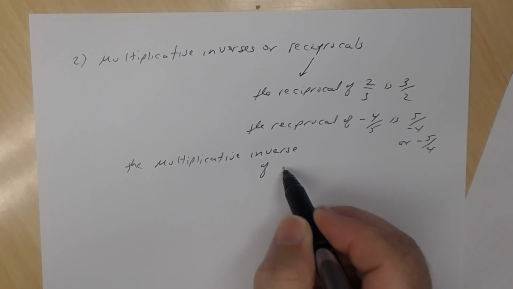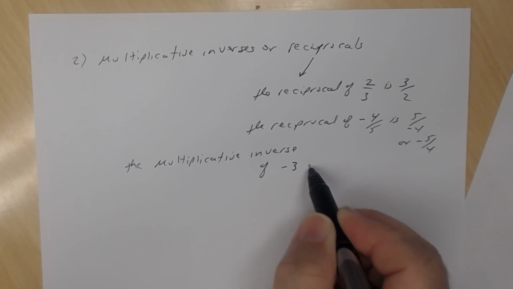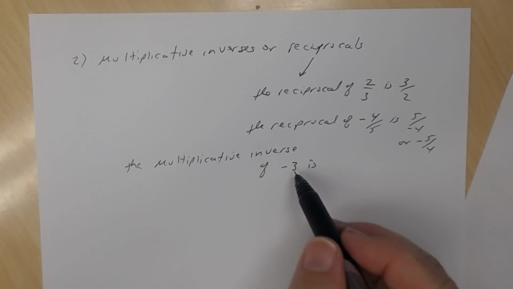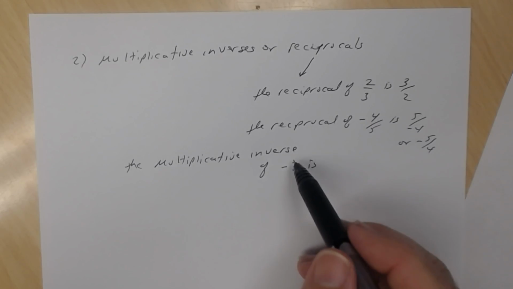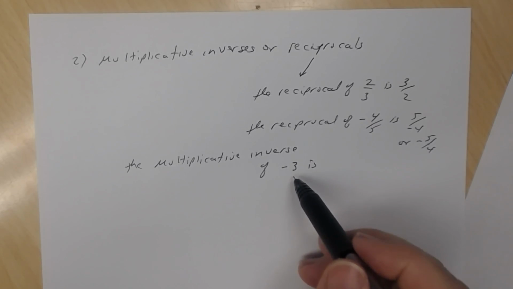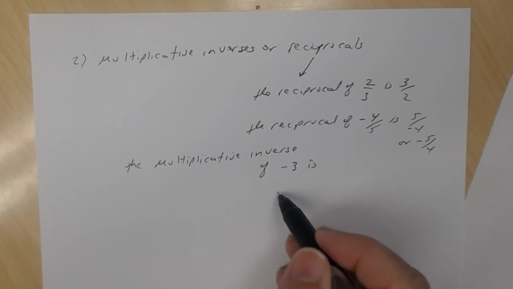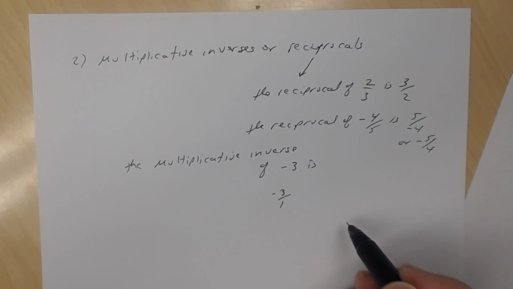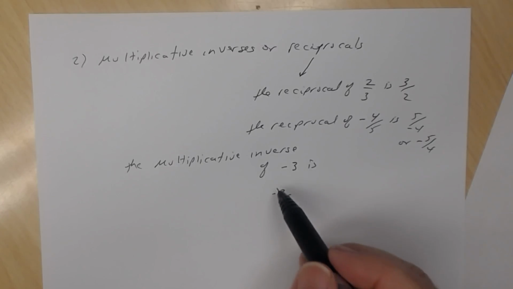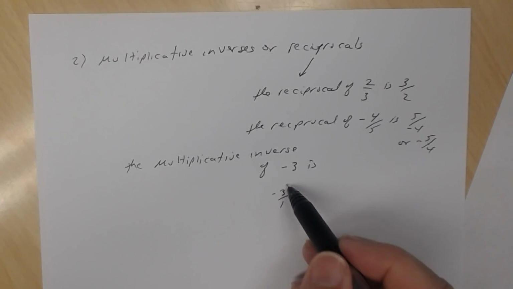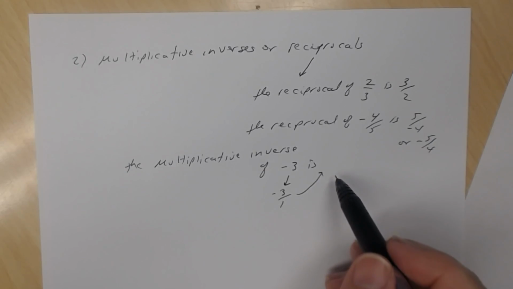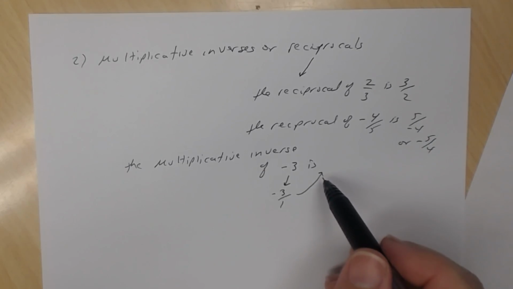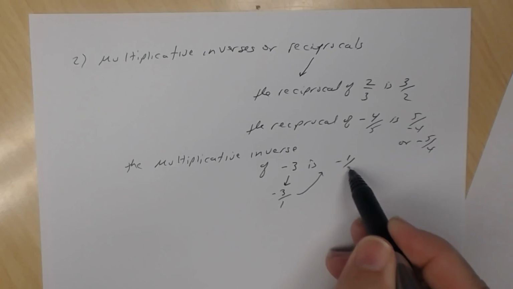So I could say this: the multiplicative inverse of negative 3 is, all right, now notice this is an integer. Those were rational numbers, fractions in particular, but this is an integer. Keep in mind that I can write this as negative 3 over 1. Okay? So using the idea of negative 3 over 1, I can rewrite this by taking the reciprocal. So the reciprocal of negative 3 is negative 1/3.